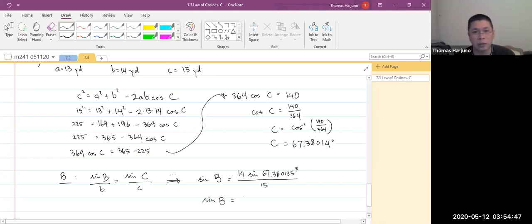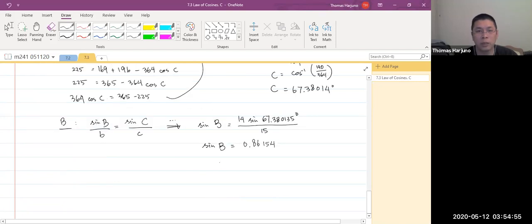I get 0.86154. So B equals the sine inverse of that. I get 59.48976 degrees. Now you need to give me two angles and cancel the other one.